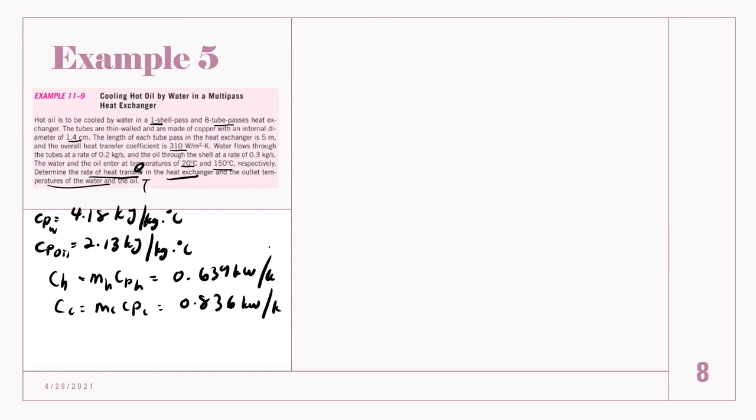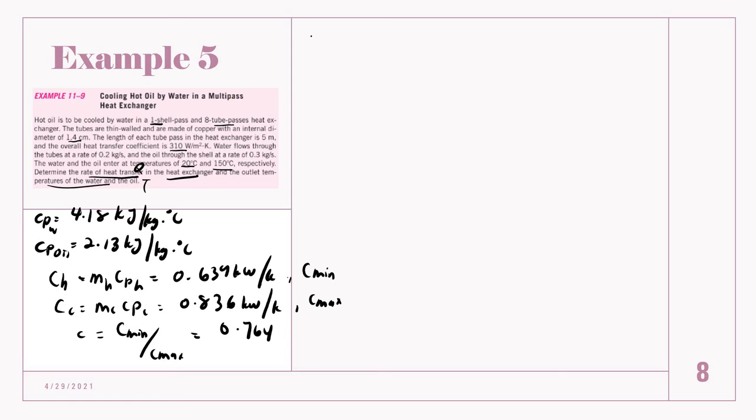So from here we can see this one is our Cmin and this one is our Cmax. So calculate the capacity ratio first, Cmin over Cmax. The answer will be 0.764.